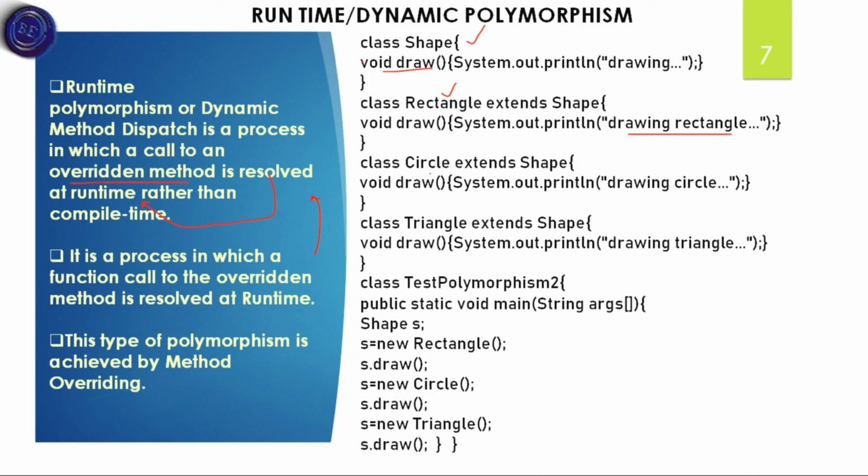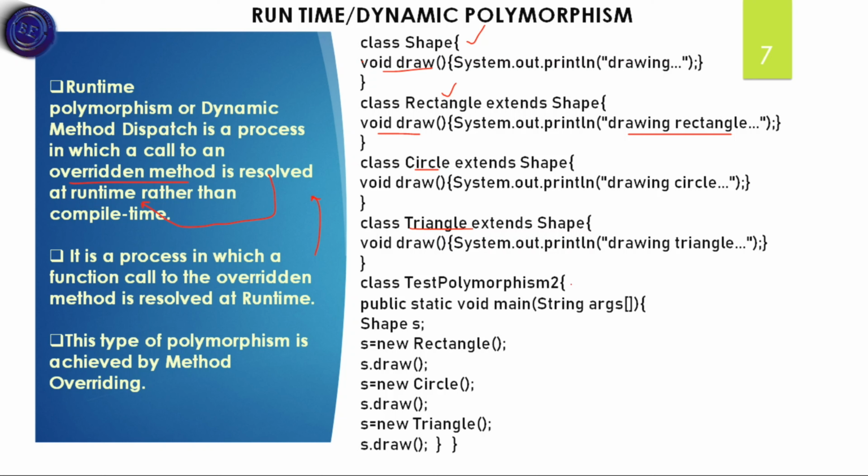Similarly, in different subclasses, Circle extends Shape and Triangle extends Shape. You have to understand that in every class we have the same method, void draw only, and we also have the same parameters. There is no change in the parameters.